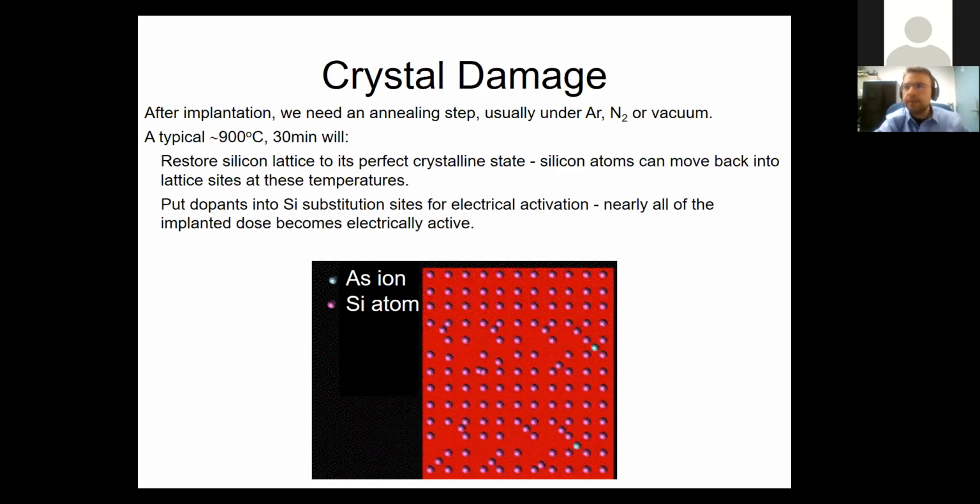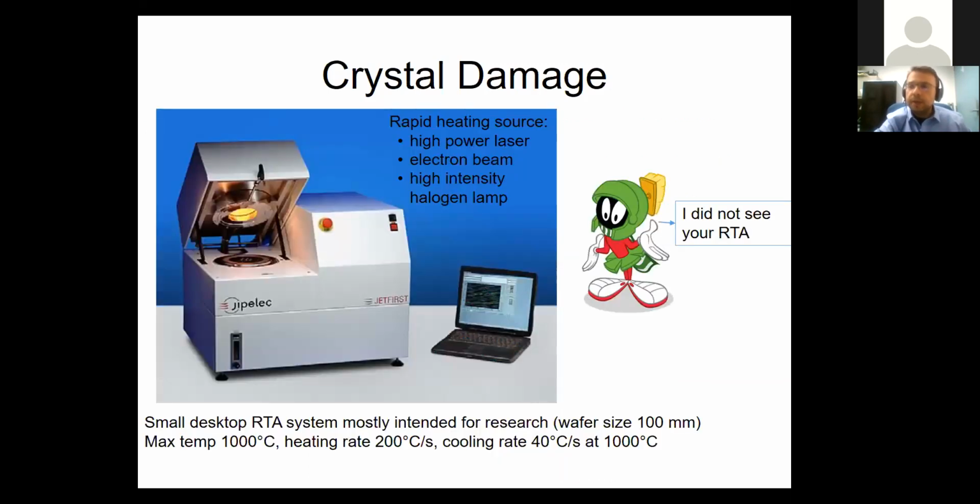And these are the recipes. So we carry out these with a high power laser or electron beam, or high intensity halogen lamp, in this kind of an RTP.